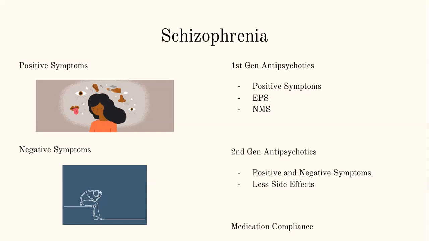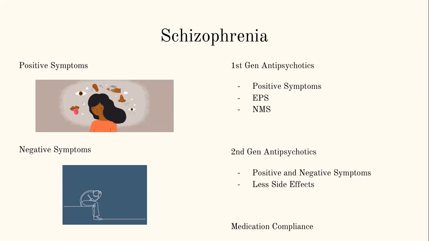They can be command auditory, meaning that the voices are telling you to do something. You can have visual hallucinations where you're seeing something, tactile hallucinations where you feel something. A lot of times it's like bugs crawling on them or needles poking them, or it can be like sexual stimulation without engaging in any sexual acts. You can have gustatory hallucinations where they taste something that's not there, or olfactory hallucinations where they smell something that's not there.